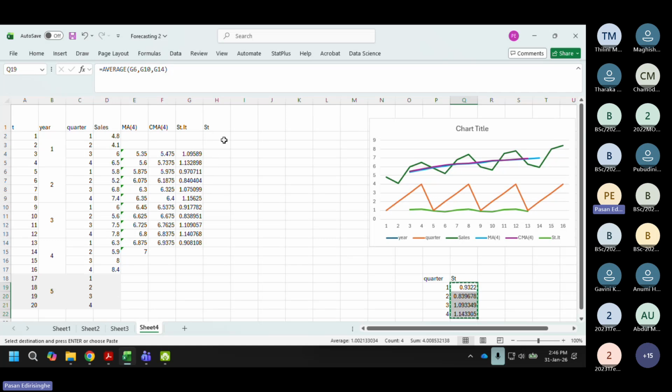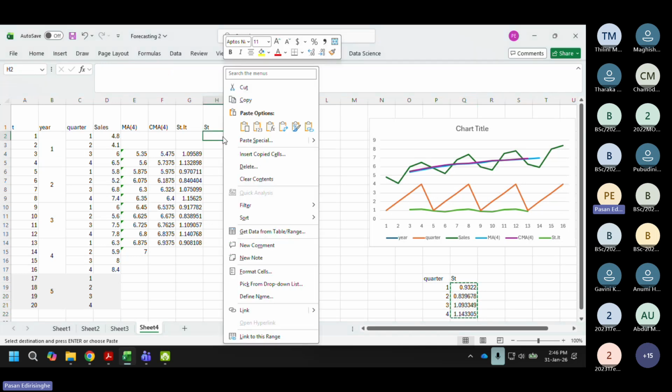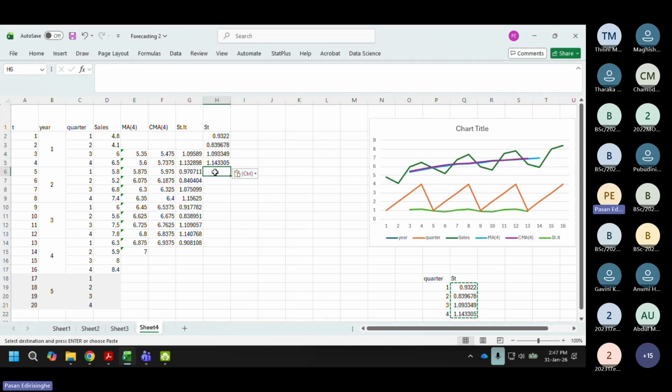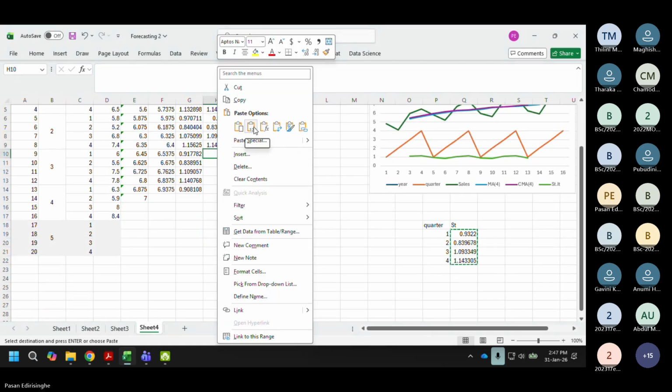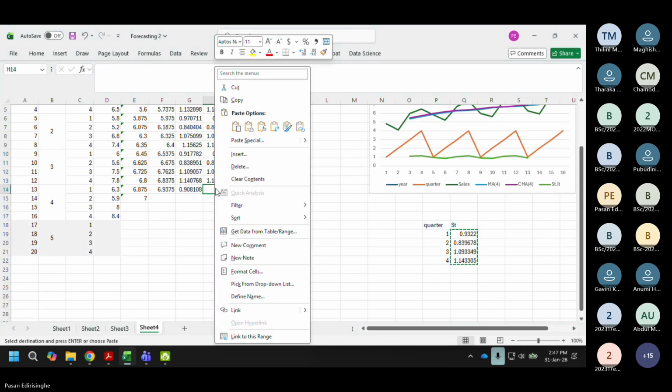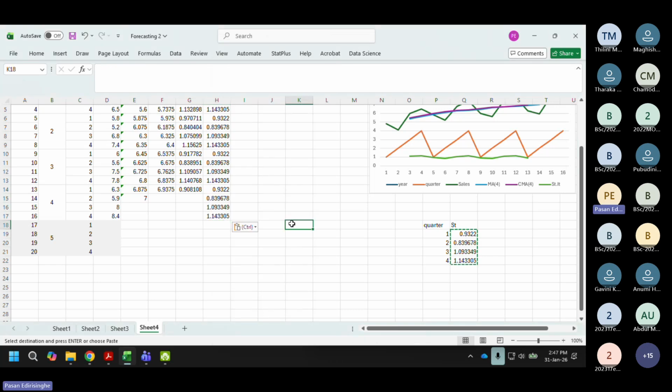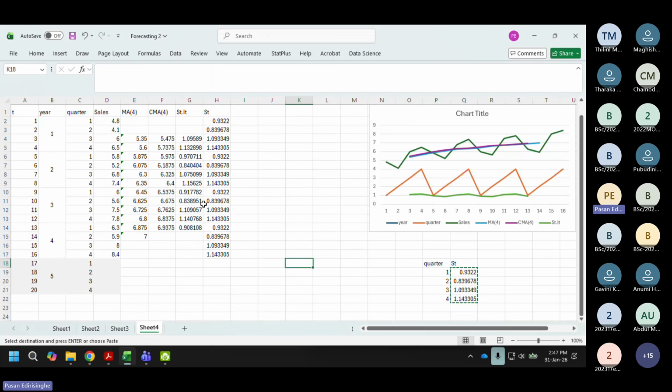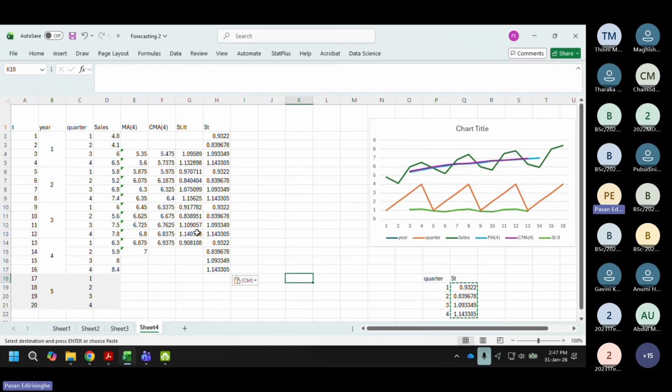I just put them as the values here. So I can take this as my ST values, as the separation of the ST term. So now that's my ST terms that I have, right?